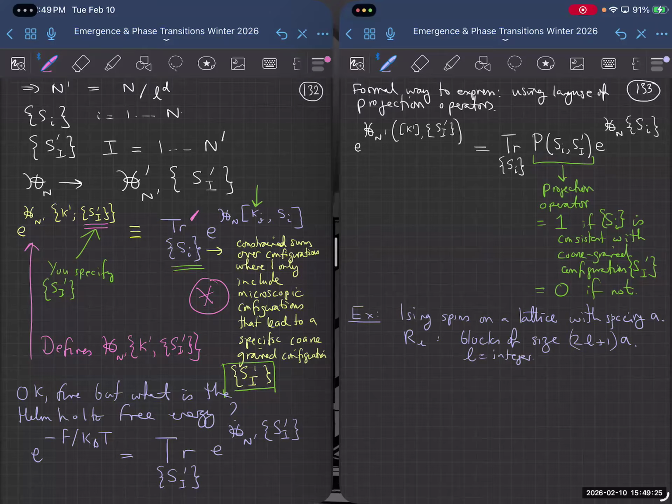And this means this transformation has the property that there is an odd number of spins in the block.